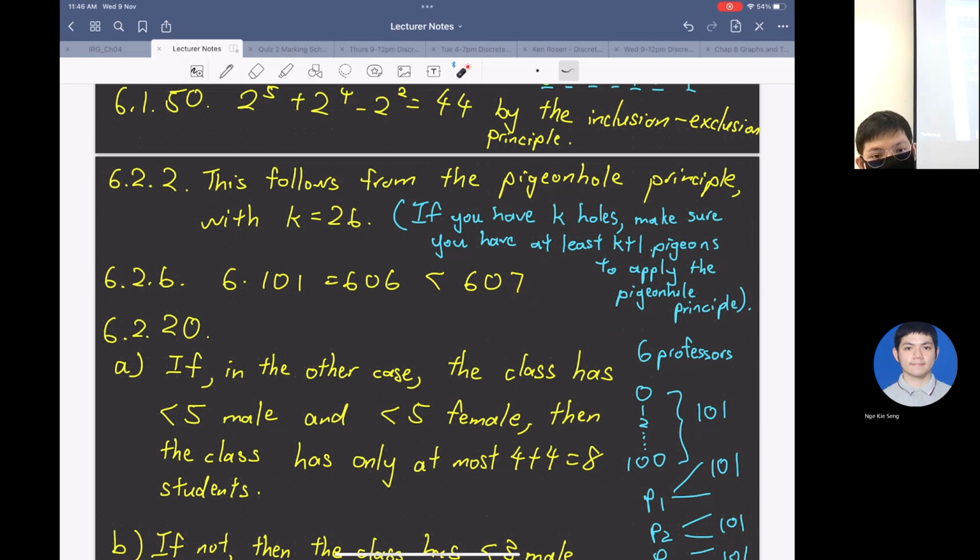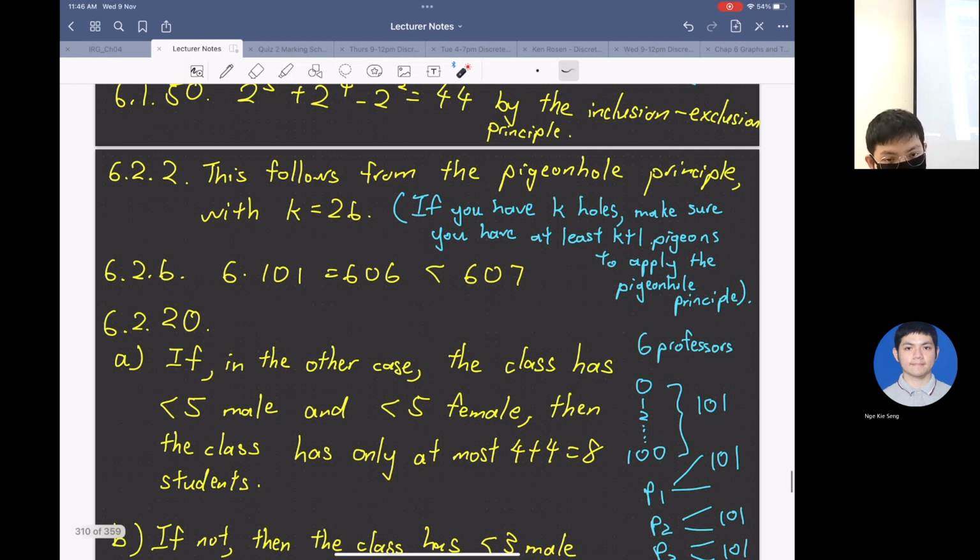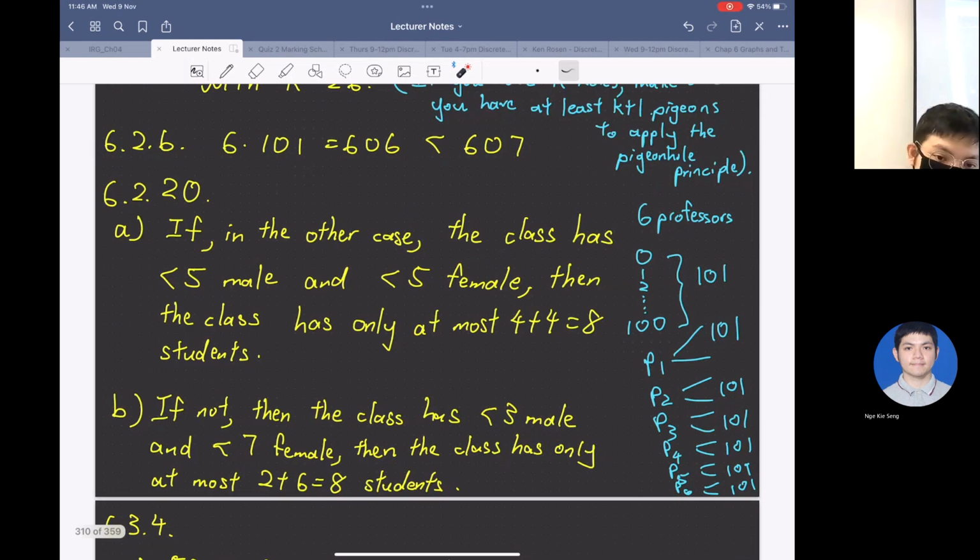6.2.20. Okay, this one will be interesting. If I tell you there are only 9 students in the class, why can I deduce that there must be at least 5 males or at least 5 female students? One way to do it is by contradiction. If there are less than 5 male and less than 5 female, which is at most 4 plus 4, which is 8, then you cannot have 9 students in the class.